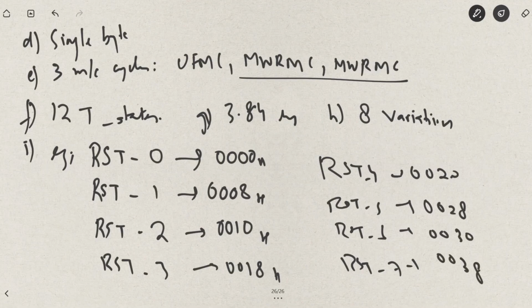So these are the only addresses that you can specify using this instruction. Then no flags will be affected in this case. The addressing mode for the source as well as for the destination is implied.